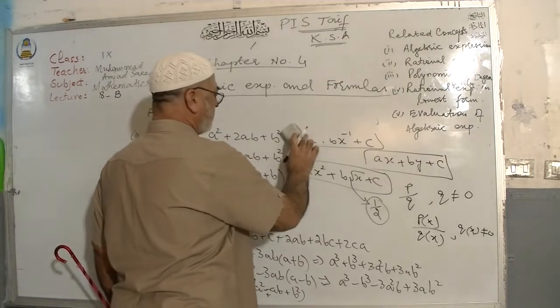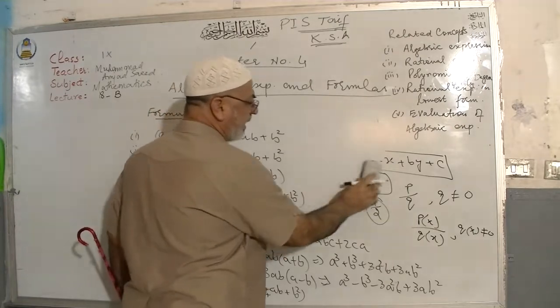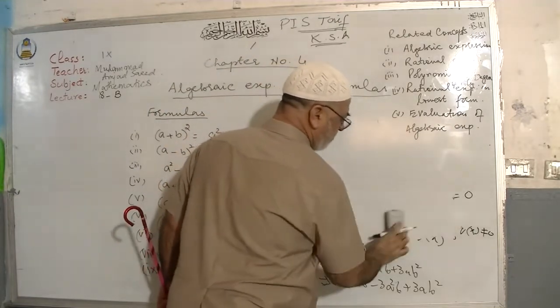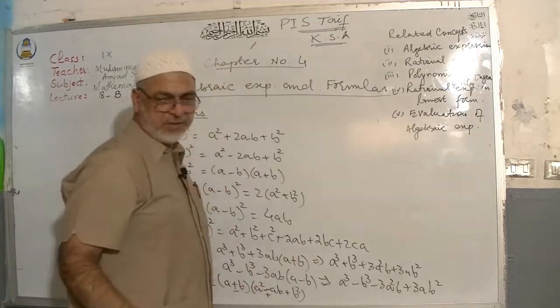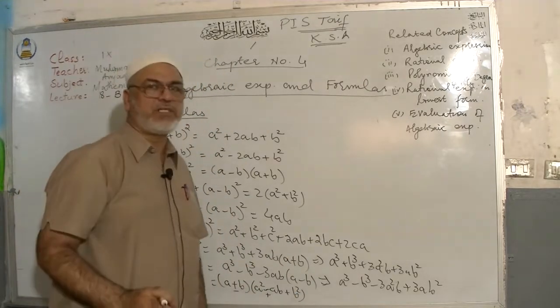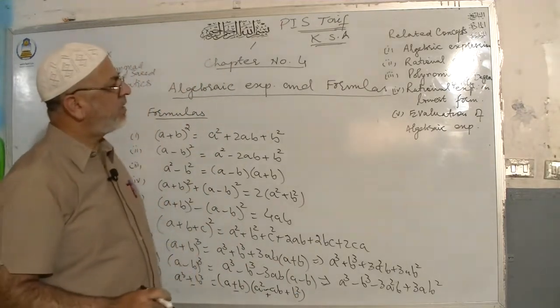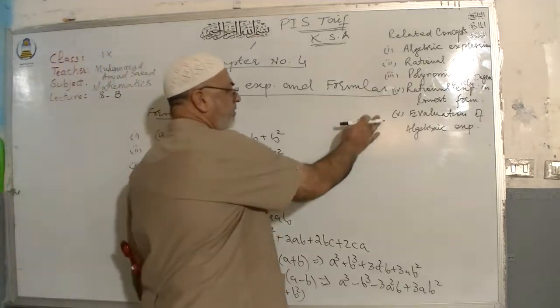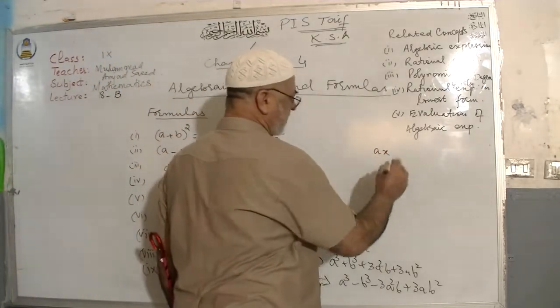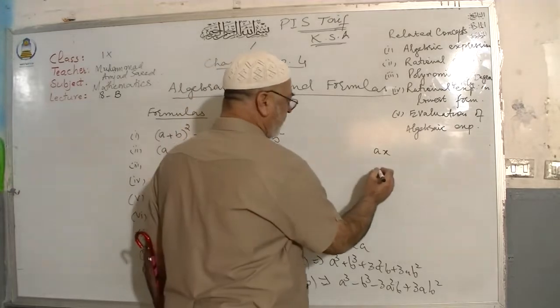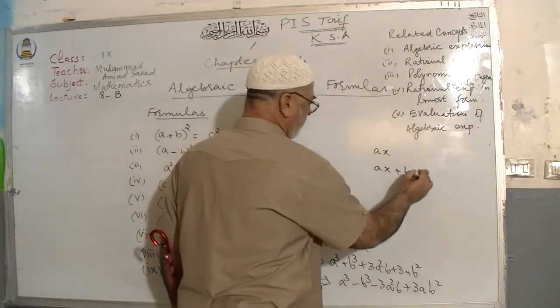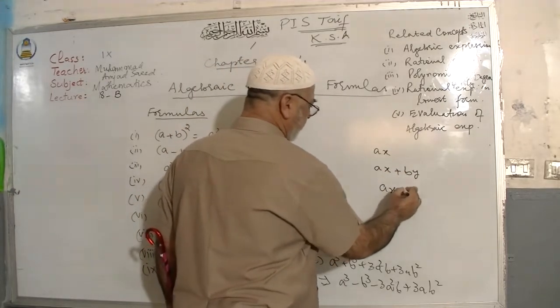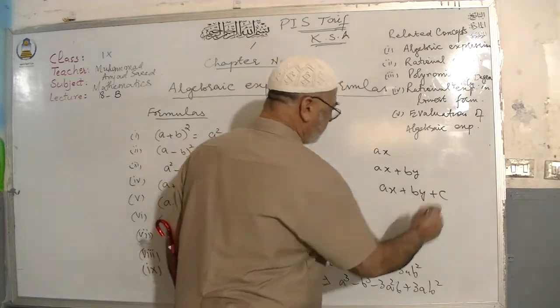After that, we have the degree of polynomial. But first I want to tell you about polynomials with respect to terms. For example, we have ax, and second one is ax plus by, and the third one is ax plus by plus c.